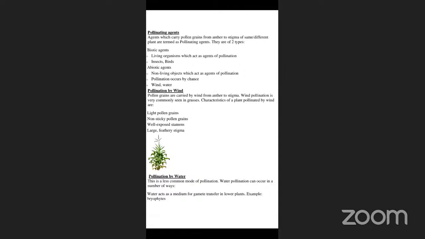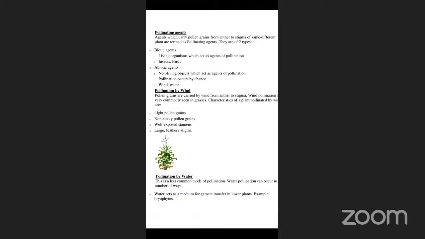Pollinating agents carry pollen grains from the anther to the stigma of the same or different plants. That is the function of a pollinating agent: carrying pollen grains from the anther to the stigma.